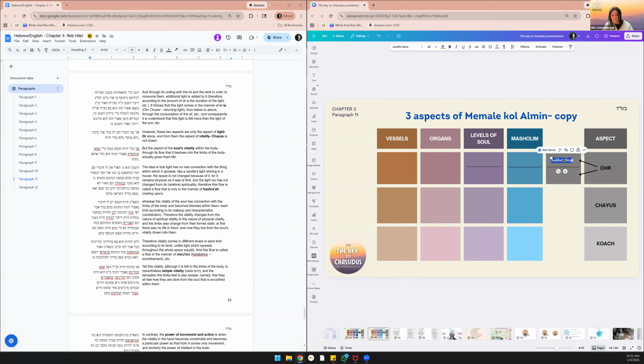Okay, so I'm adding here, which is also makif. Yeah, he did say that right in the beginning, in the second paragraph. Okay, great. So we're going to put that. Or Chazar, and we're going to put over here makif.